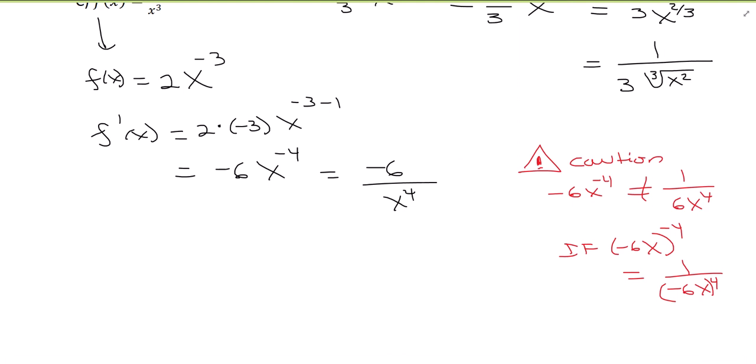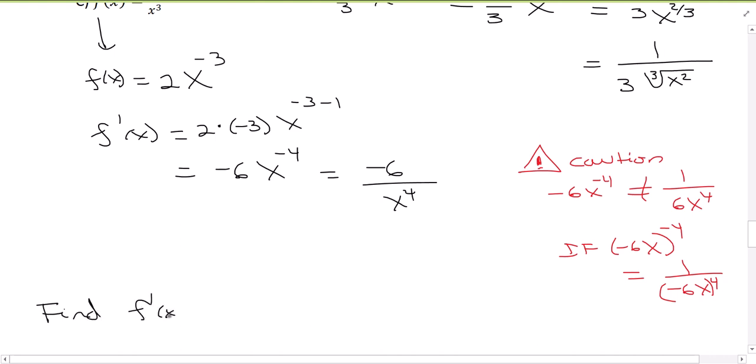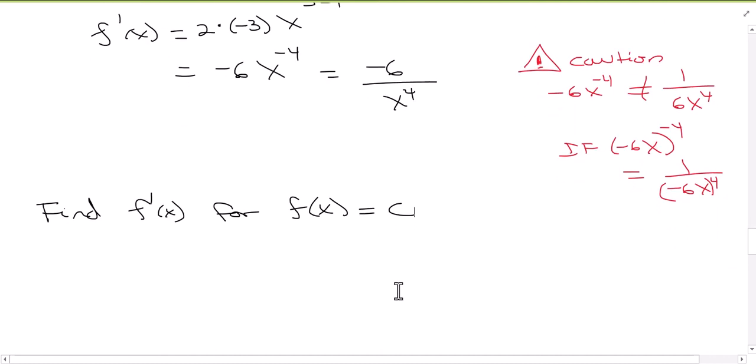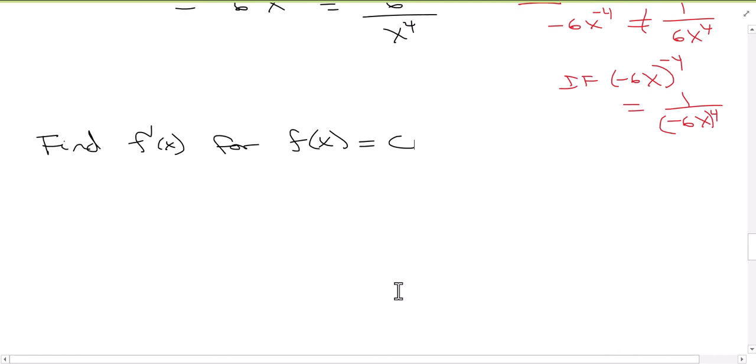And how about, let me add an example that is not in the notes. So find f prime of x for f of x equals c. Just a constant. What's the derivative of just a constant? And so what is the slope, right?